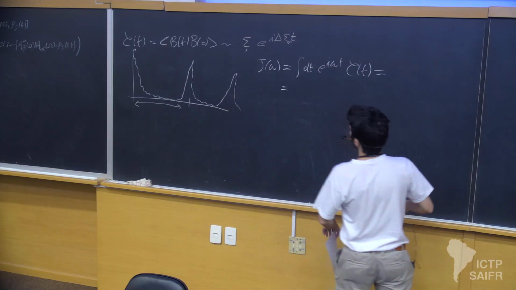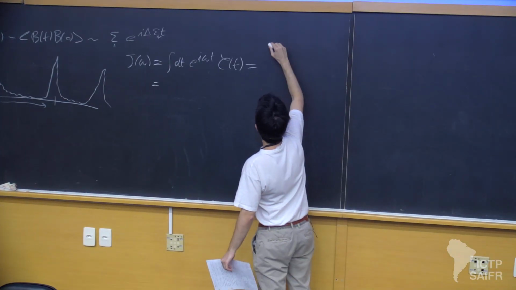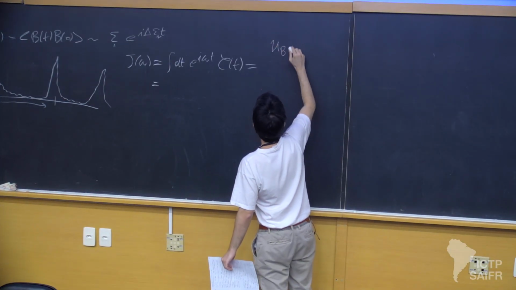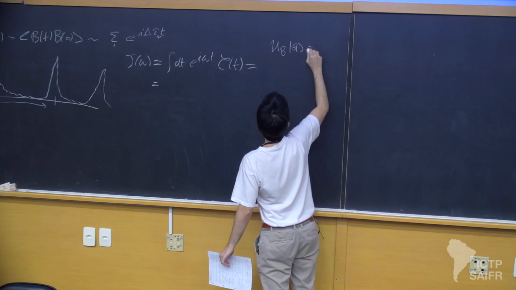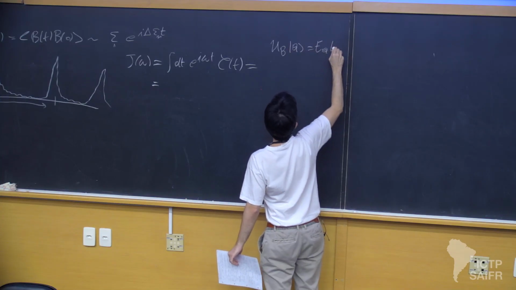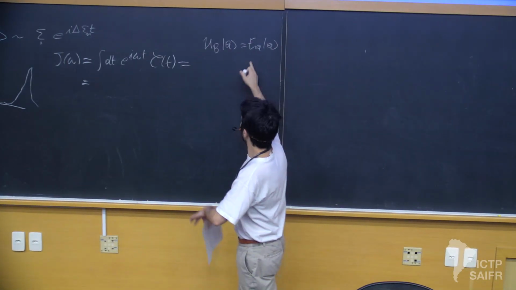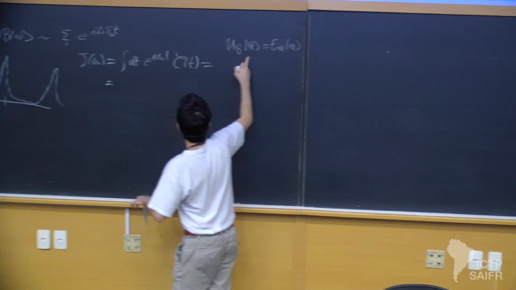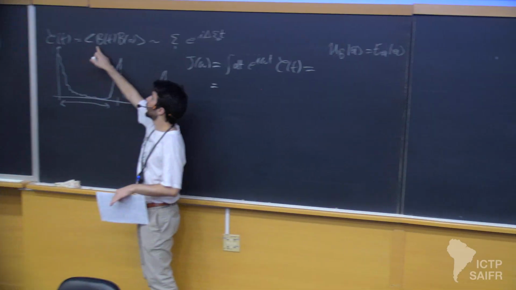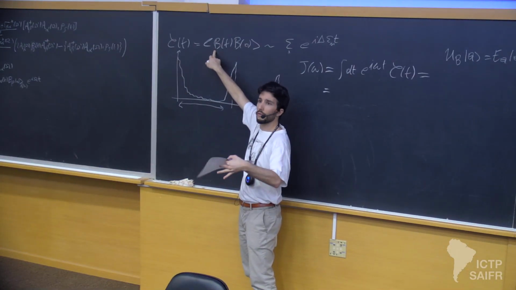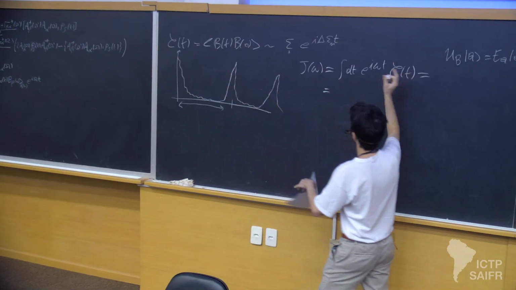And okay, I'm going to define the eigenstates, the exact eigenstates of the bath. If you do the spectral decomposition on the time evolution of the bath, you can perform the integral, at least formally.